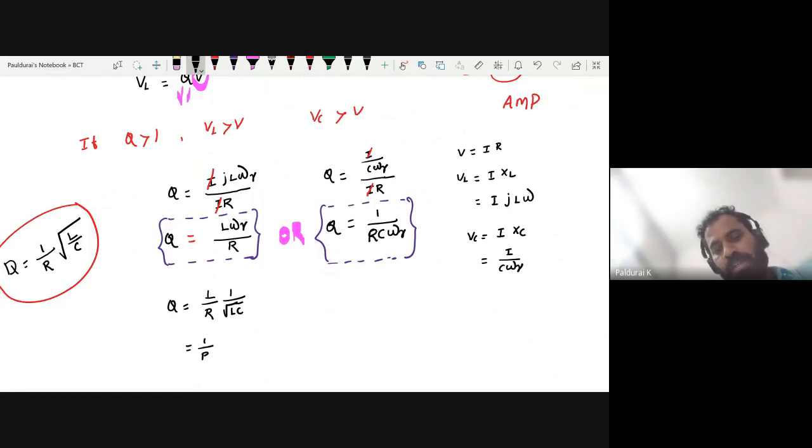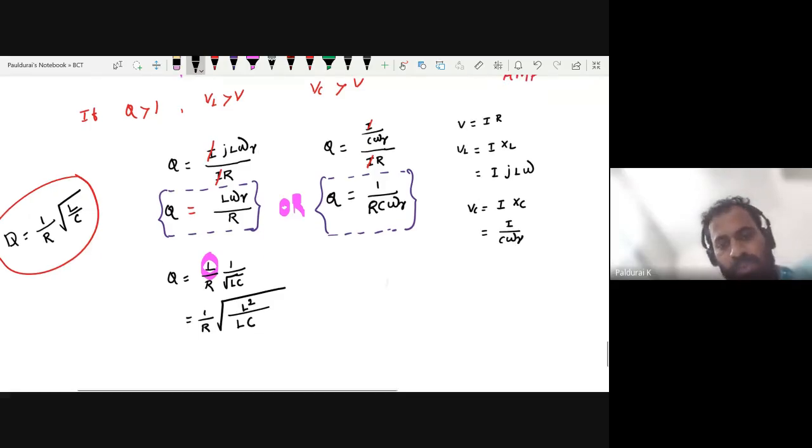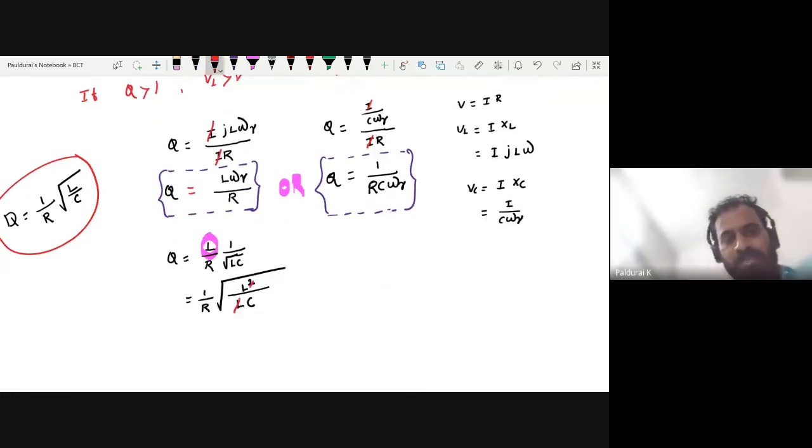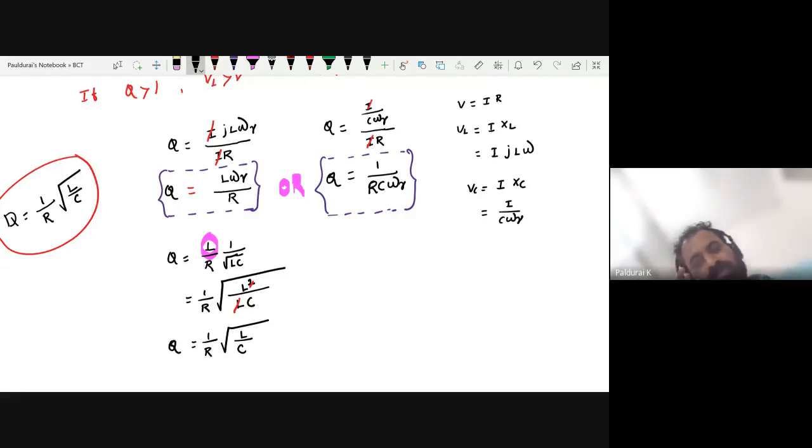Now substitute here: omega_R is 1 by square root of LC, and this is 1 by R. Bring this L inside the square root. It becomes L squared divided by LC, so the L squared and the L cancel. So Q is 1 by R times the square root of L by C. This is my quality factor.